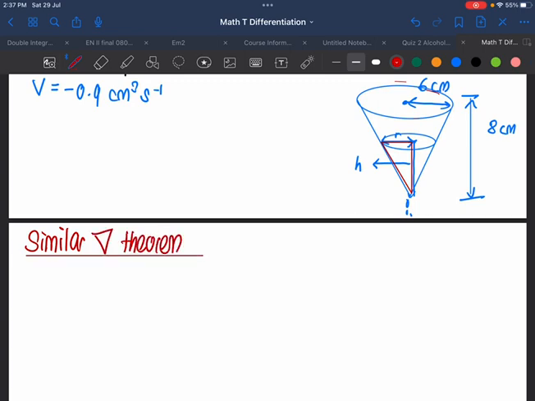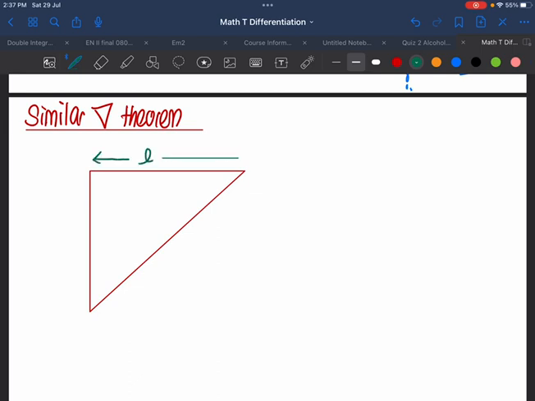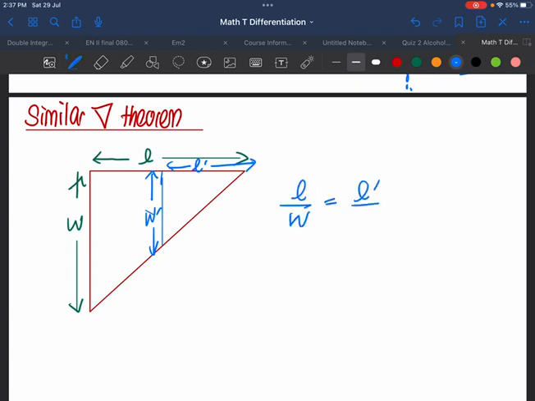Let's say I have a triangle like this, where the length is L and the width is W. Let's say I cut a small triangle from here, and I have new values, W prime and L prime. So L over W is equivalent to L prime over W prime.